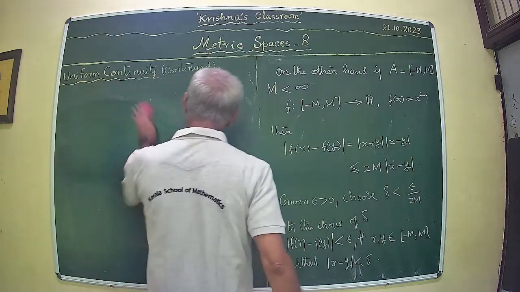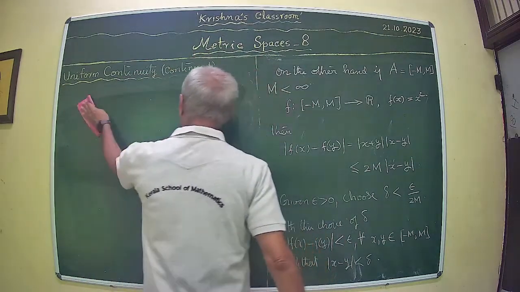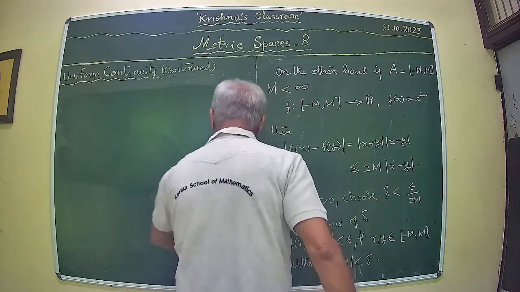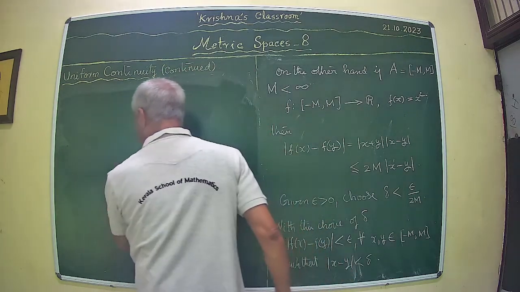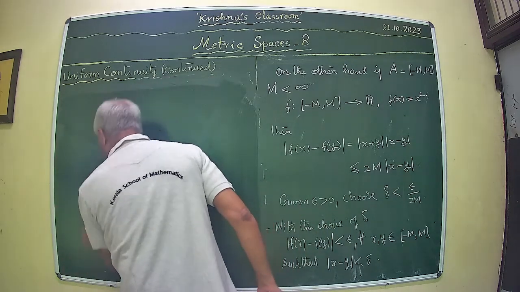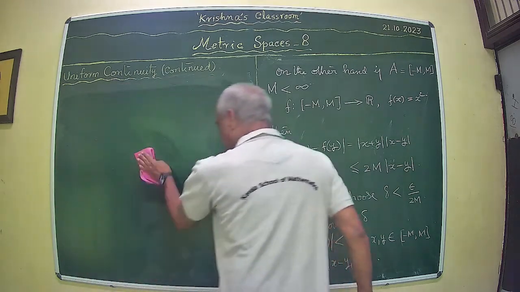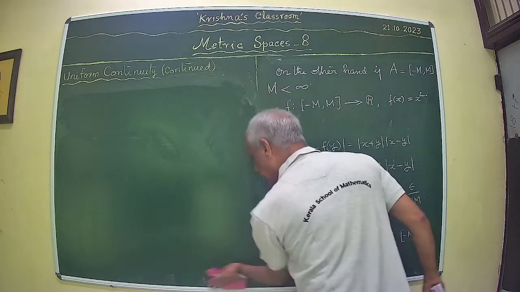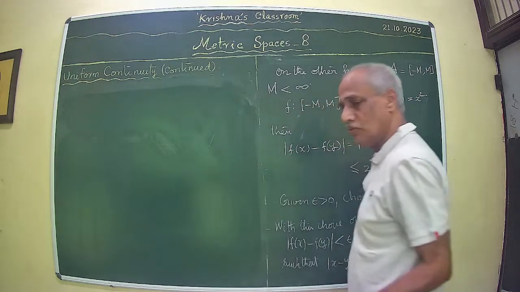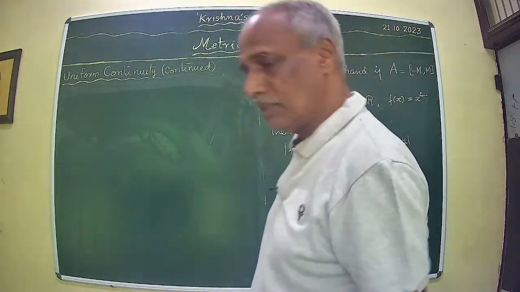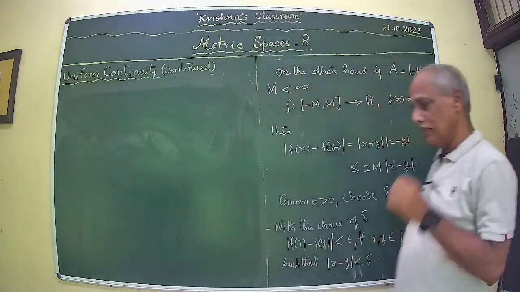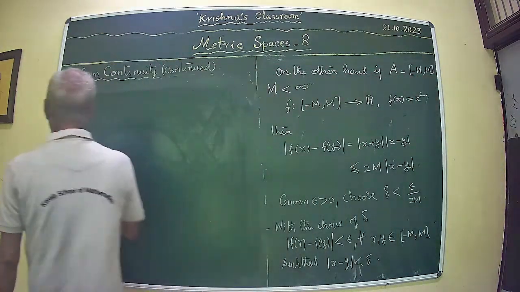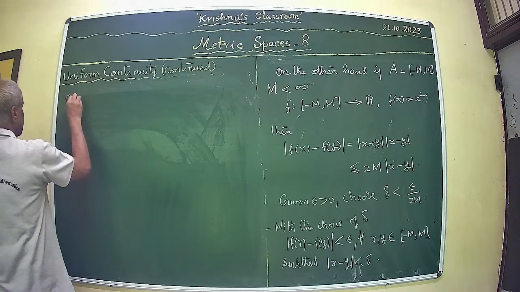So that we shall postpone for the time being, because we need more sophisticated properties to be discussed before that, and after that we once again revisit this continuity. And the question is, when is a continuous function from X to Y uniformly continuous? So the question that we want to explore in future is a general question.